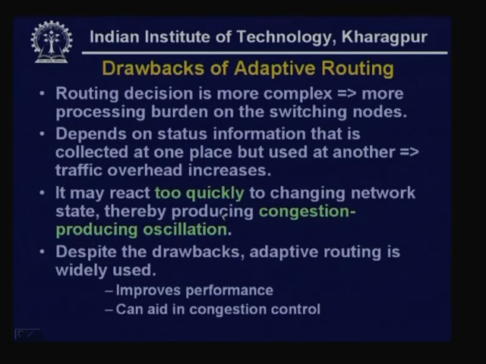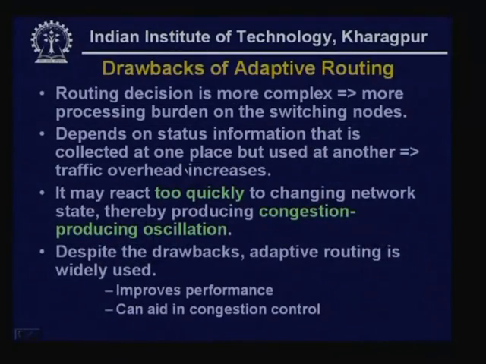So far we have discussed three adaptive algorithms. The first one was isolated adaptive routing, which uses local information, and on the other hand distance vector routing uses information from the neighbors, and link state routing gathers information from all the nodes.